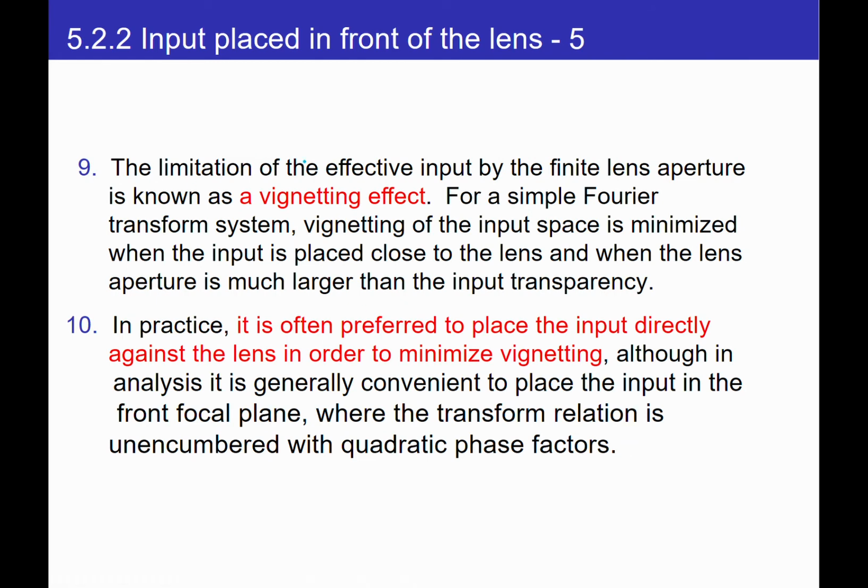The limitation of the effective input by the finite lens aperture is known as the vignetting effect. For a simple Fourier transform system, vignetting of an input is minimized when the input is placed close to the lens and when the lens aperture is much larger than the input transparency.